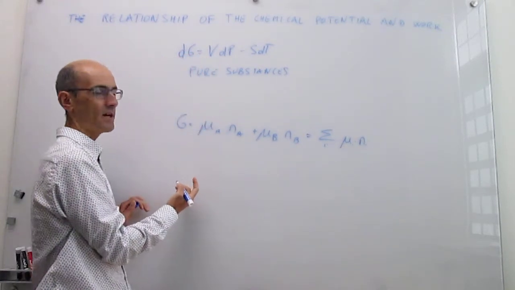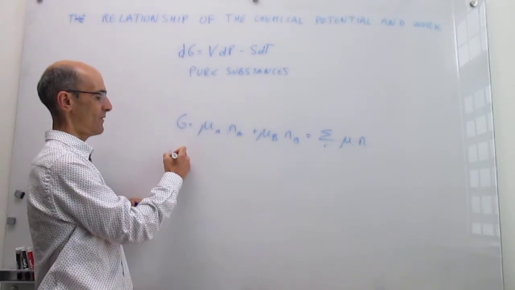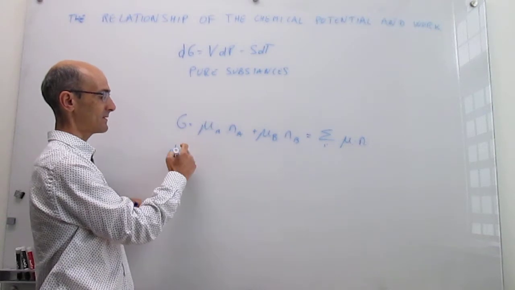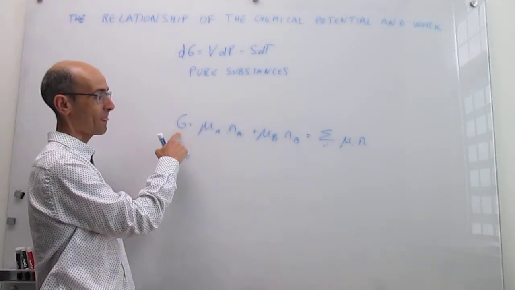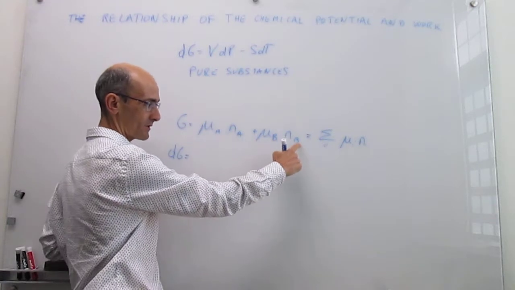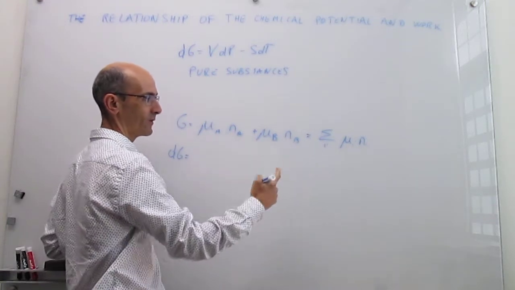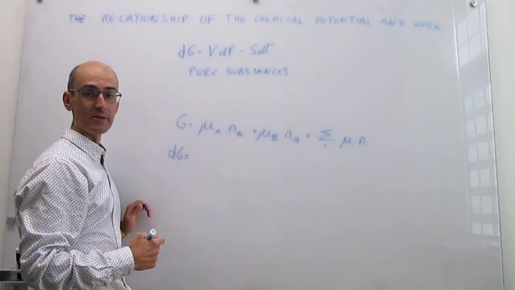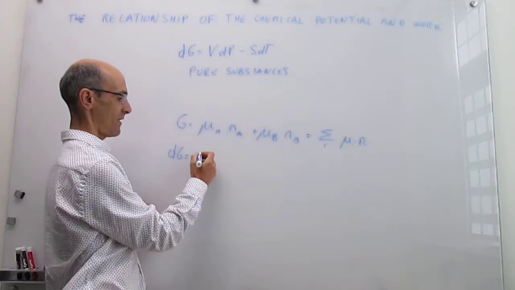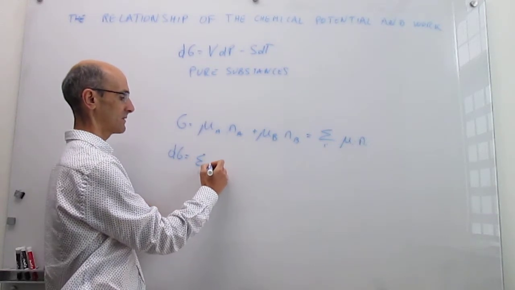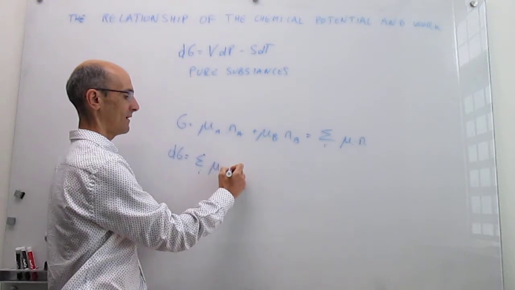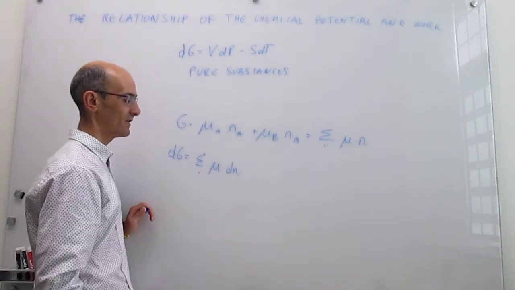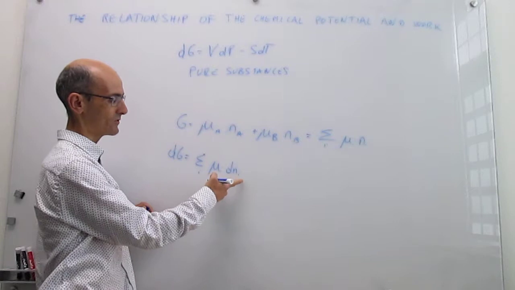What this suggests is that there is going to be a dependence of the Gibbs energy on the composition. If you change the composition, that is the number of moles of A and B or i, then the Gibbs energy ought to change. That expression is going to be like this: the chemical potentials of i, and then the change in the moles of i, which is how the composition changes.